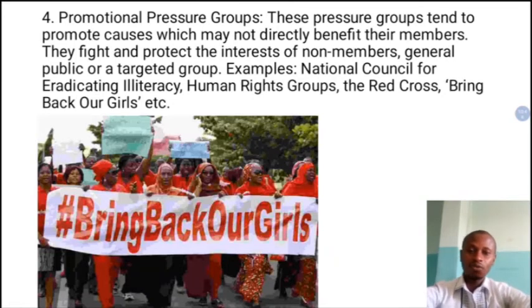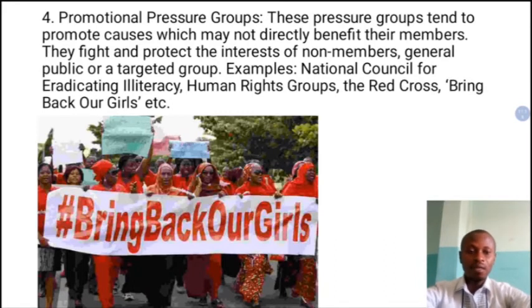Just as the other ones we mentioned before now, they sounded selfish, as if it's all about their members. But you can see this one. This one is for the general public, is for a targeted group. It may not even be for the direct benefit of their own members. And you can see an example from the logo we have here, the picture we have here. You can see Bring Back Our Girls.